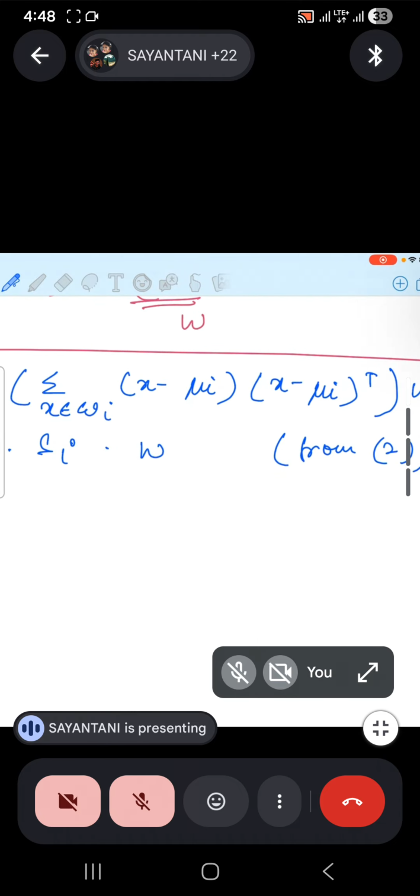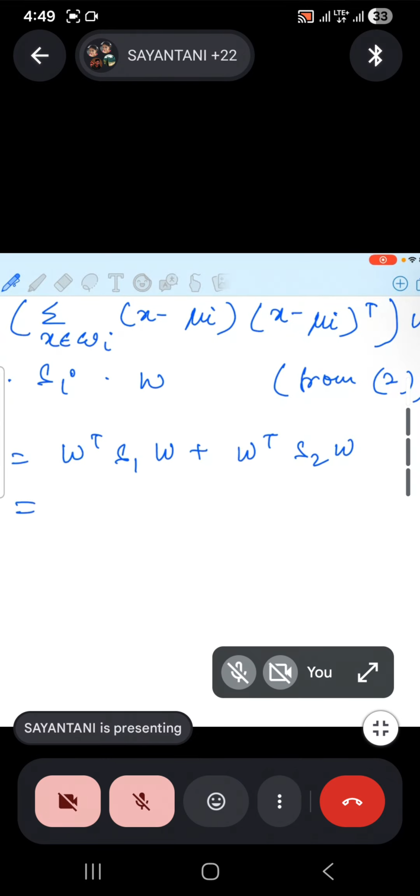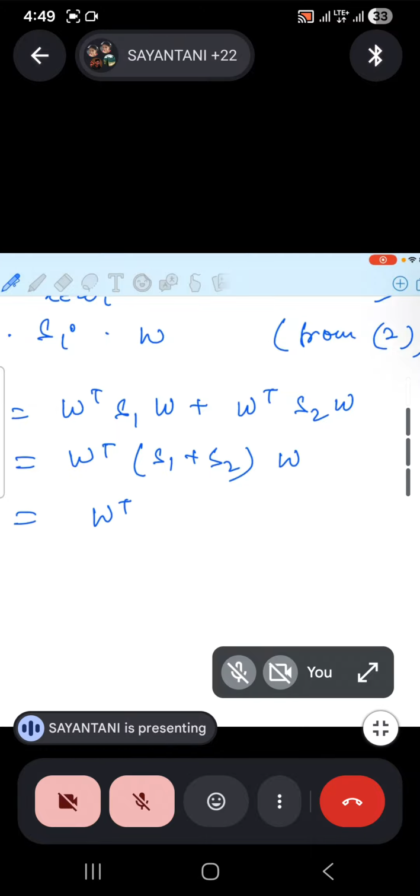In the original equation, that is the equation with J, we need to find S1 tilde square and S2 tilde square if you are considering 2 classes. From this generalized equation, I get W transpose S1 W plus W transpose S2 W. If I take W transpose and W common, it's S1 plus S2 into W. So I can write S1 plus S2 as SW, and this can be written as SW tilde.